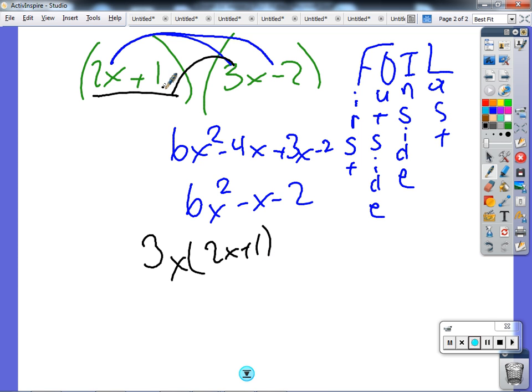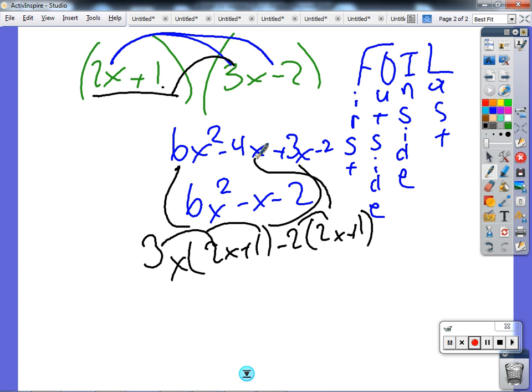And then we take the 2x plus 1 and distribute to the negative 2. And I could still get, notice, 6x squared plus 3x minus 4x minus 2. I still have the same thing, right? It just looks different. But this kind of looks like our belt wedge, right? And we're going to use that today a little bit, okay?